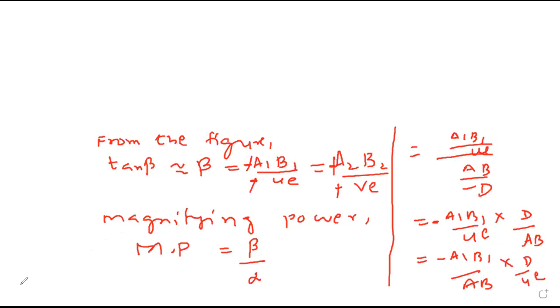What is A1B1? It is the height of the image and AB the height of the object. So A1B1 upon AB is nothing but the height of the image to the height of the object, which is called the linear magnification of the objective.